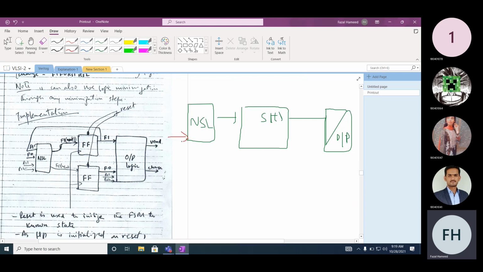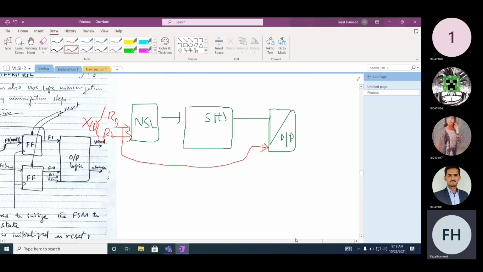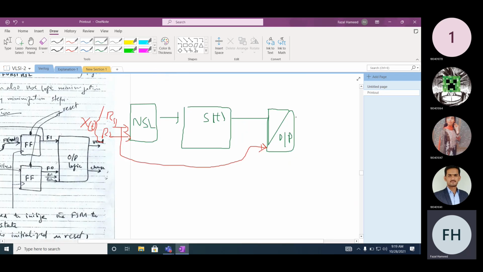Now what are your inputs here? For the next state logic, the input is R1 and R2, and actually this was xt. If you remember, this xt, R1 and R2 will also go to the output logic. And what is the output? Vend and change.